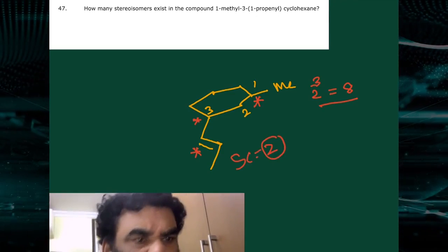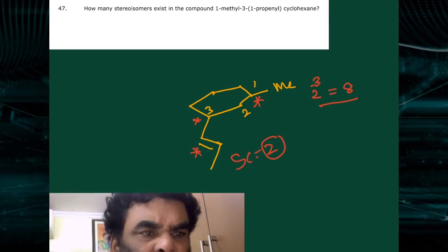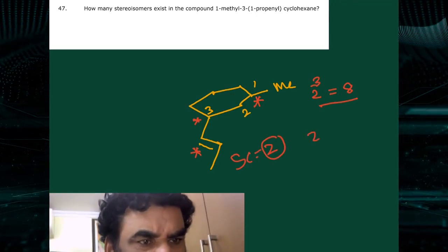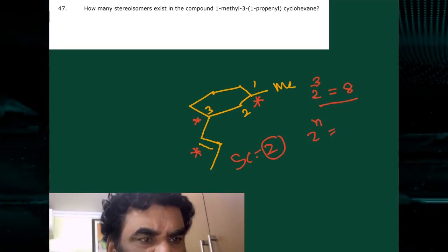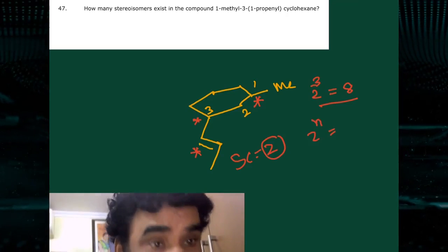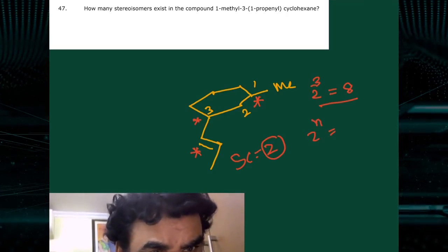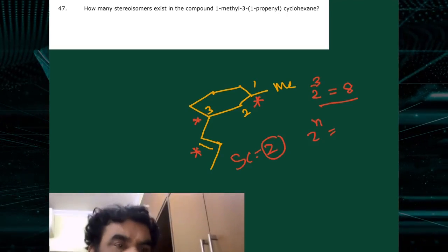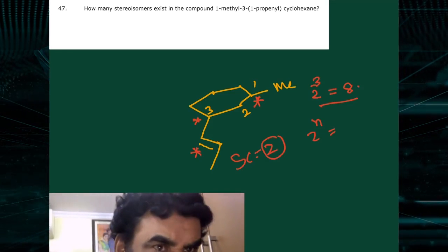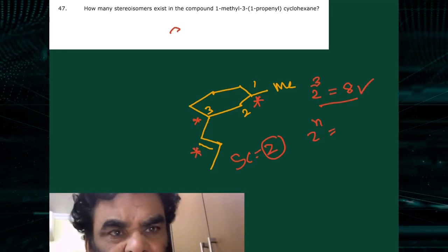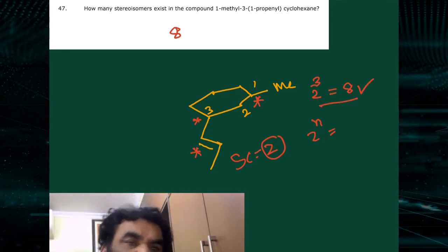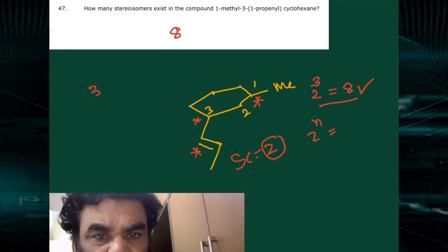The total number of stereoisomers is 2 to the power of n. That is equal to, there are 3, I forgot to tell you. Starred centers are 1, 3 and this is a double bond center. 2 to the power of 3, 8 are possible. So 8 is the correct option. I have given 3 stereo centers.